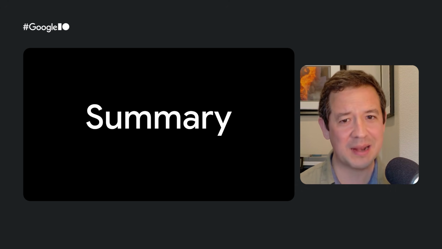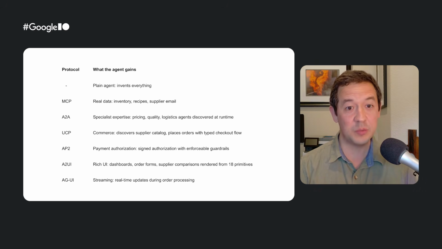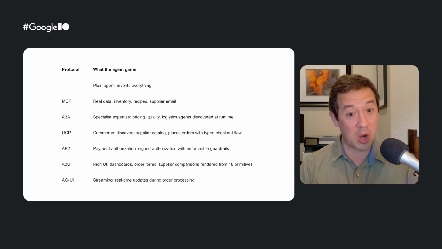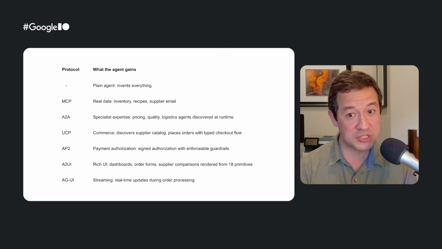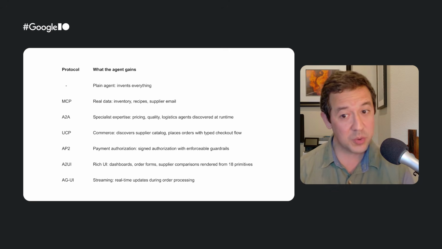Let's take a step back now and look at the big picture. Each protocol that we covered today was created because traditional APIs assume a human is on the other end. In our agent, real data and real expertise came from MCP and A2A. Structured commerce with signed payment authorization came from UCP and AP2, and interactive dashboards streaming in real time came from A2UI and AGUI.